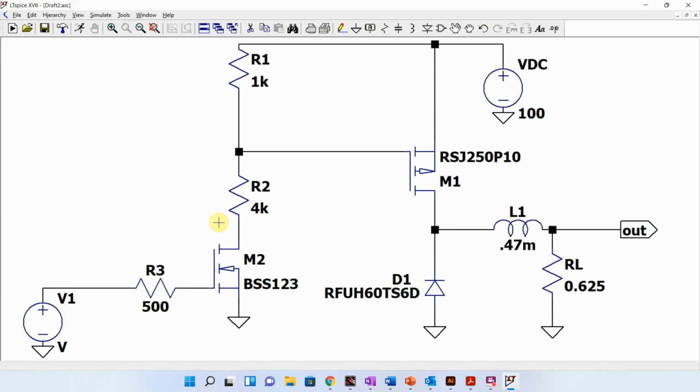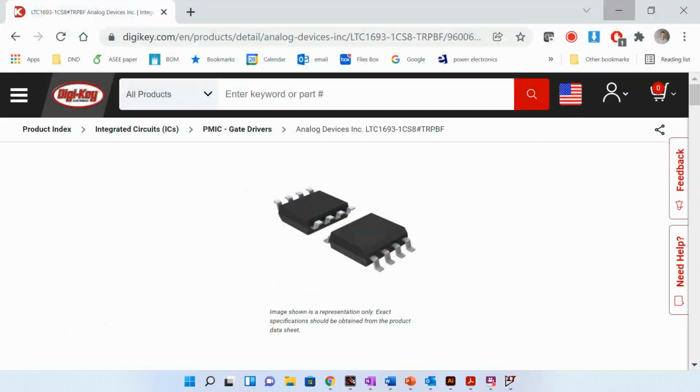Now, the problem we run into here is that it's going to be pulling through these different resistors, and we're trying to get a high voltage spike. So we're going to add a new component in here that's some type of gate driver.